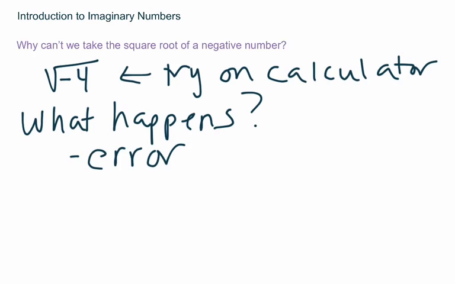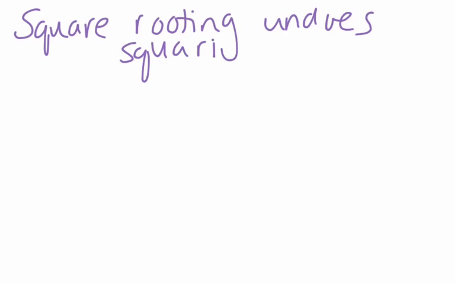So why does that happen? Why is your calculator kind of bucking back against taking the square root of a negative number? Well, to do that, we need to go back and think about what square rooting does. Square rooting undoes squaring. That is how it's defined.